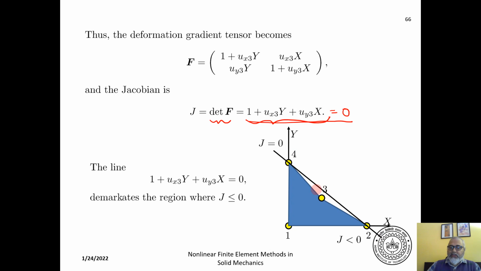If this node 3 lies to the left of this straight line, the Jacobian would be negative. If it lies to the right of it, the Jacobian would remain positive. On the line, of course, it will be equal to 0. So this line demarcates the region below which J is less than 0, which means the motion is unphysical.